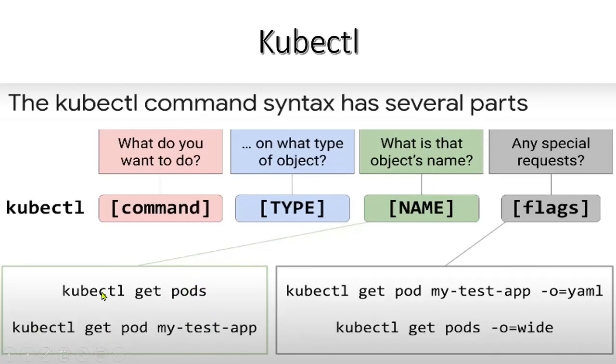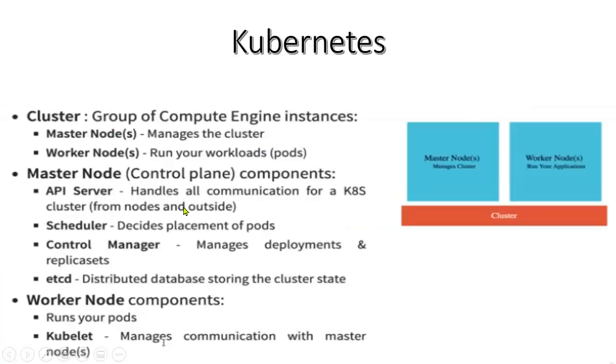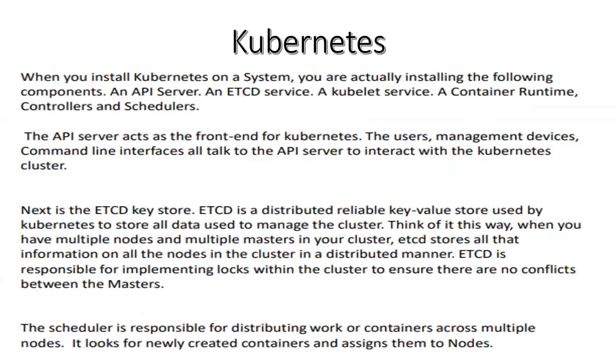If you say kubectl get pods, it will show you all the pods. kubectl get pod my test app will show you only this particular pod's information. Now kubectl get pod my test app -o yaml: -o yaml is the flag you are giving. And kubectl get pods -o wide, we'll use this command in a while. -o wide is a flag. This one I don't need to tell, we are already aware of that.